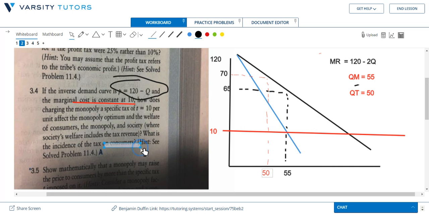We can talk about the incidence of the tax on the consumers. What they're really asking us is how much of this tax the consumers pay. Oh, I erased the tax line. So this is the new marginal cost. This was the old marginal cost.